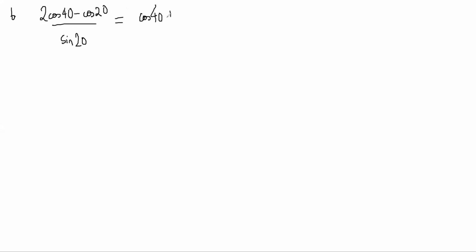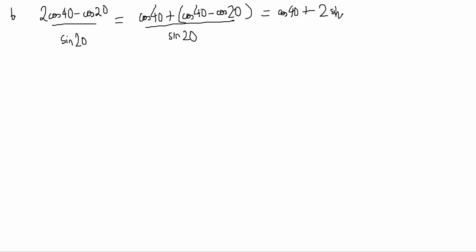Cos 40 plus cos 40 minus cos 20 by sin 20. And this we can simplify. Cos minus cos is 2 sin sin: 2 sin (C plus D) by 2, this plus this, 40 plus 20, 60 by 2, so 30, sin (D minus C) by 2, this minus this, 20 minus 40, minus 20 by 2, minus 10.